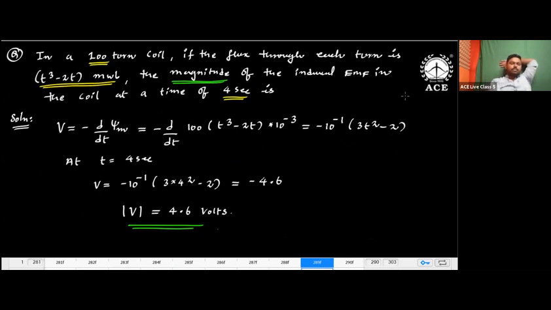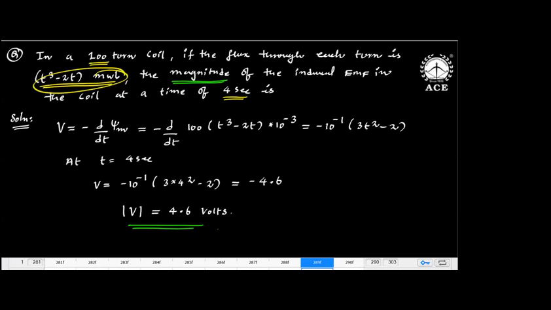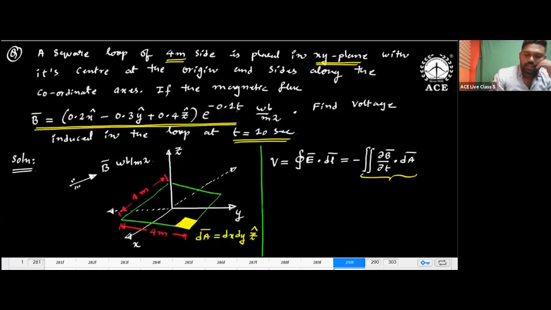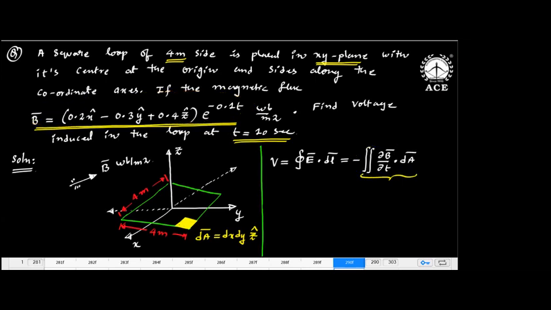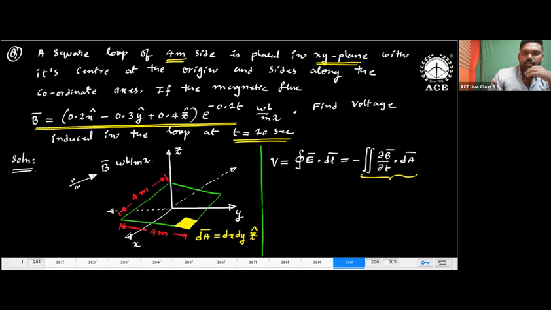If flux is given, I directly consider the flux. Here, the vector form of the magnetic field is given, that is the reason I considered the vector form. That's how you need to identify, based on the question itself.